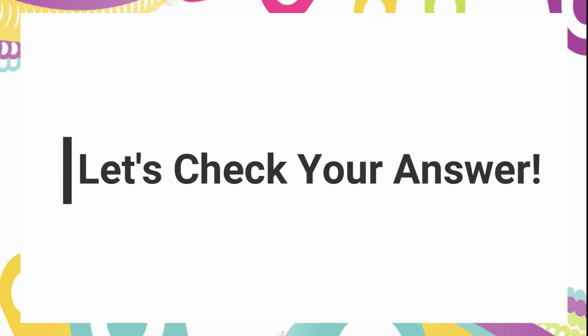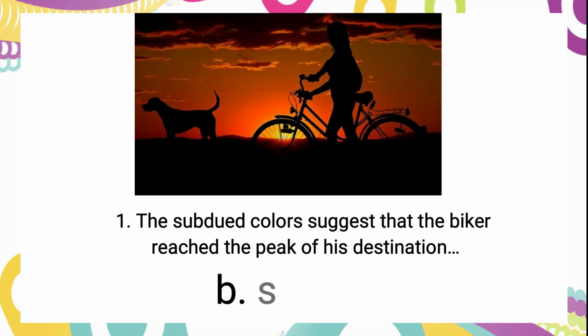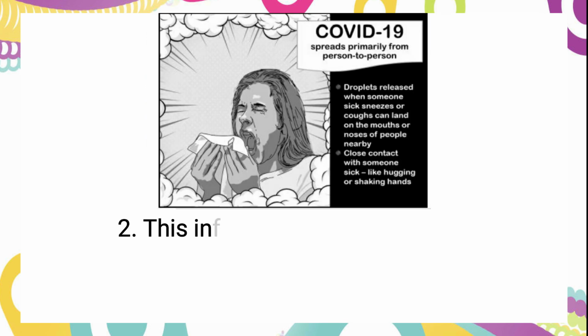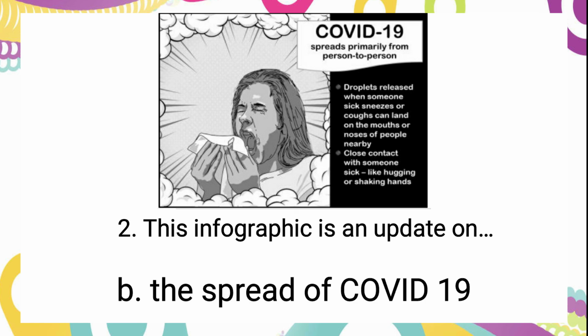And now, let's check your answer. For number 1, the answer is B. Sunset. For number 2, the answer is B. The spread of COVID-19.